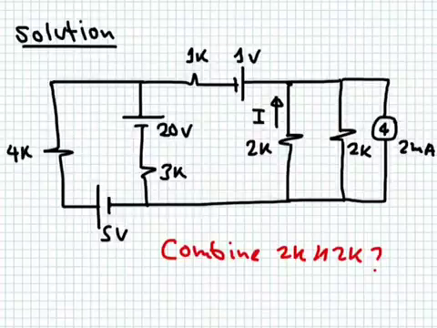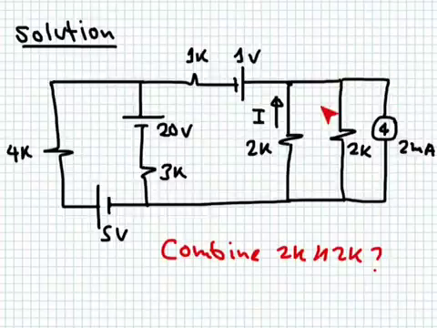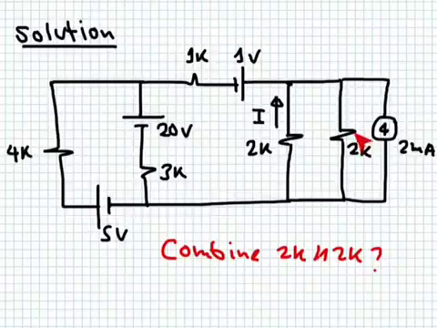Okay, so I solved it using both approaches. In the first case, I'm not going to touch this one. Why? Because I'm looking for the current flowing here. So what I will do is convert this current source into a voltage source, as we agreed in all mesh analyses, but when I convert it, I will use only the 2 kilo ohm.